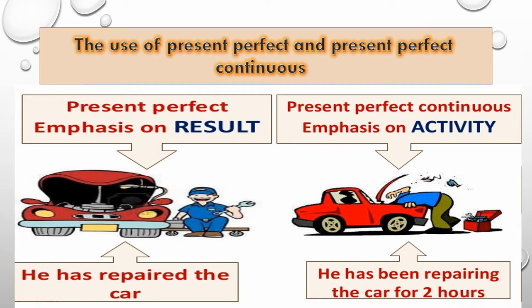With the present perfect continuous we focus on the action and the duration of time. تركيزنا بالمضارع التام المستمر على الحدث نفسه، ما في نتيجة، عندنا حدث نفسه وعندنا duration of time والمدة اللي بيستغرقها. So when we say he has been repairing the car for 2 hours now, okay, هلا هو بصلح السيارة من ساعتين إلى الآن and he is still repairing the car. Okay.